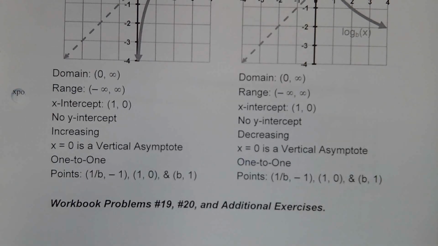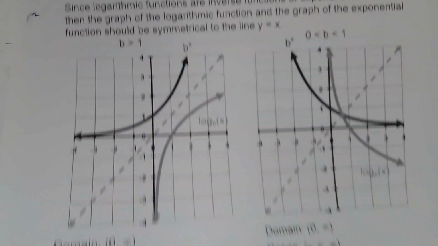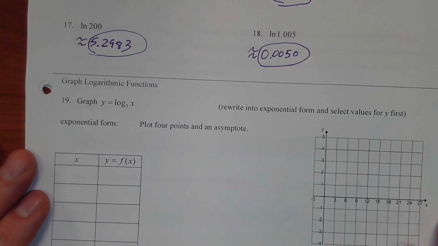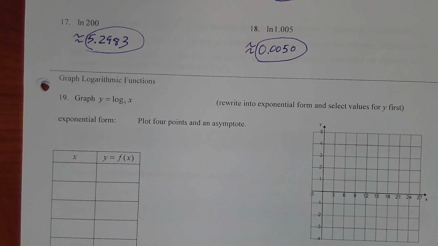So let's go ahead and try some workbook problems, like problem number 20. It says graph y equals log base 3 of x. I'm asked to plot 4 points and an asymptote. They tell us to rewrite into exponential form and select values for y first.